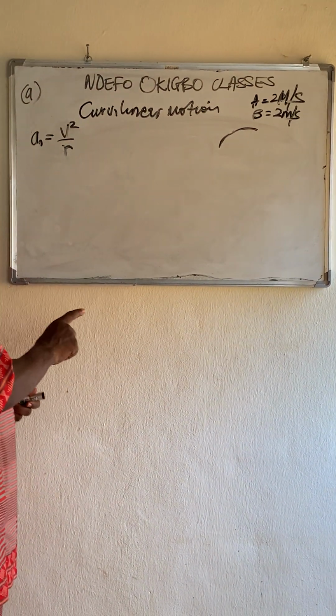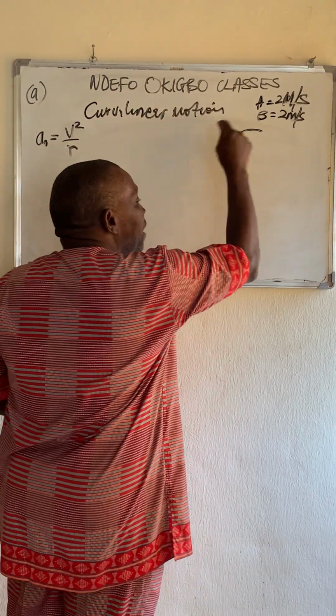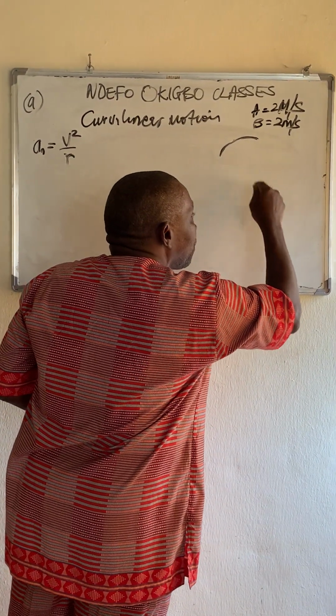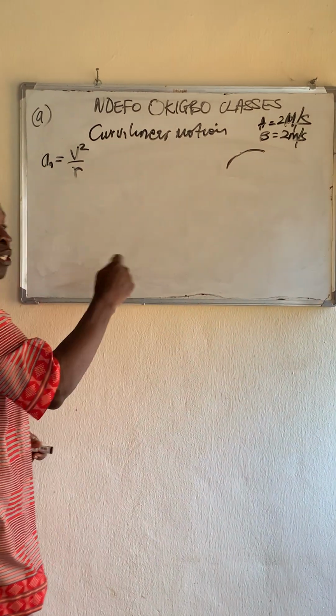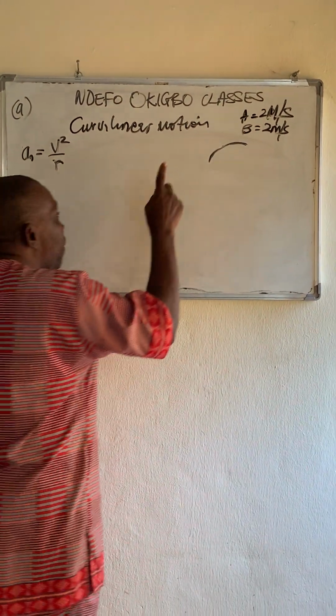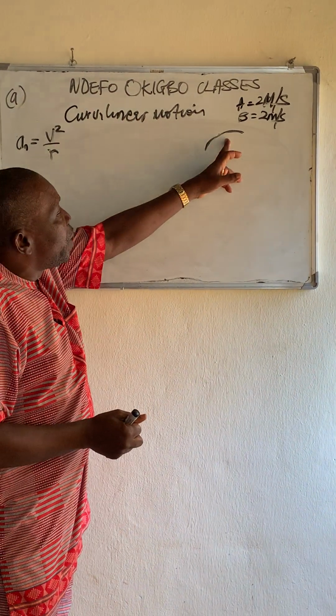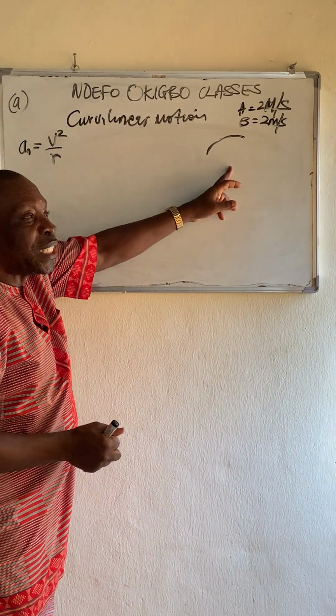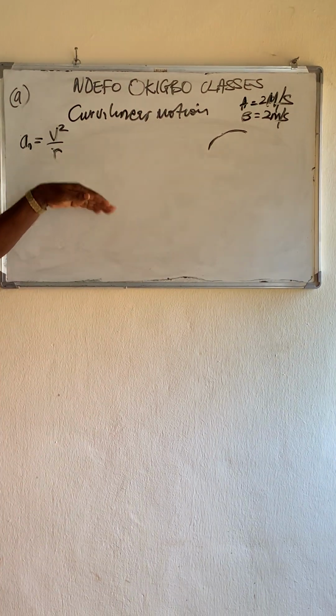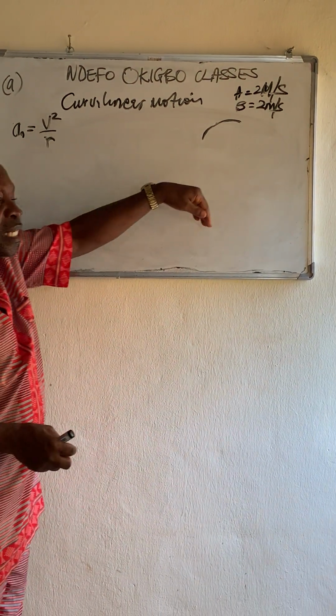But in this case, why it is not 0 is that the velocity was changing because direction was changed. So the type of acceleration that occurred here is normal acceleration, which has to do with the radius to the center. It is a kind of centripetal acceleration.